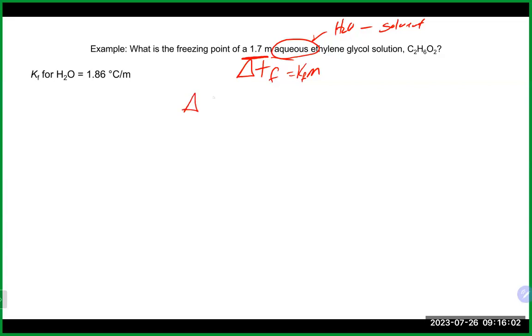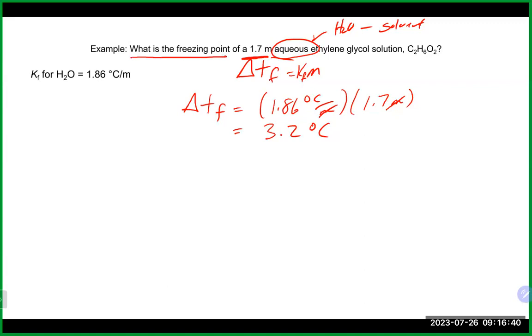So we can just go right into our equation. The Kf from the solvent, which is water in this case, times the molality, which was nicely calculated for us already. So our molality will cancel out, and we'll end up with 1.86 times 1.7, which gets you about 3.2 degrees Celsius. Once again, that is not the answer in this case. That is just the change in the freezing point temperature. We're looking for what the solution's freezing point would be.